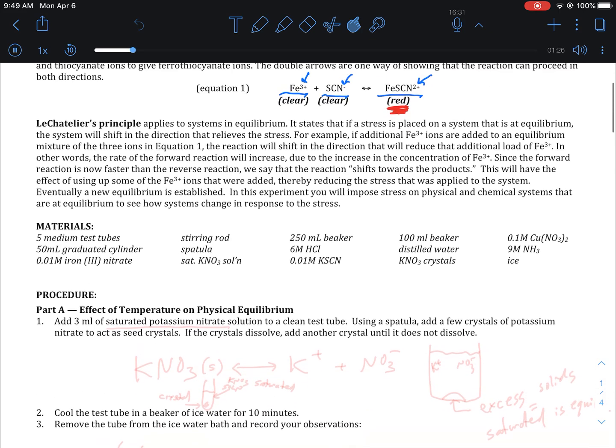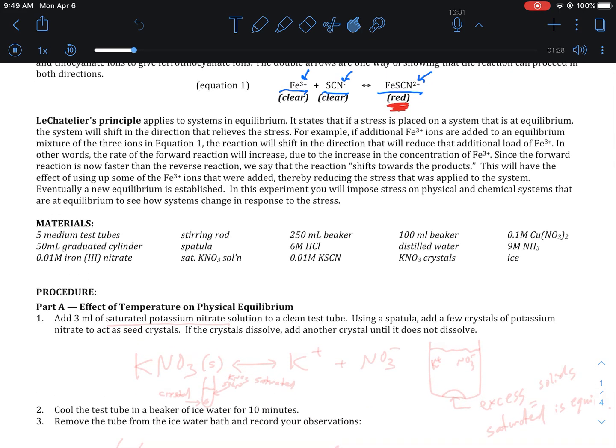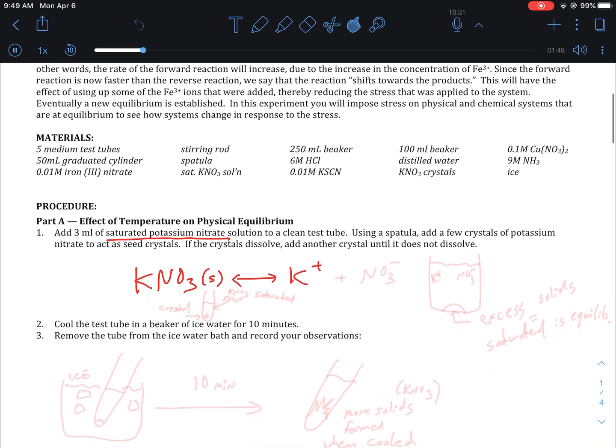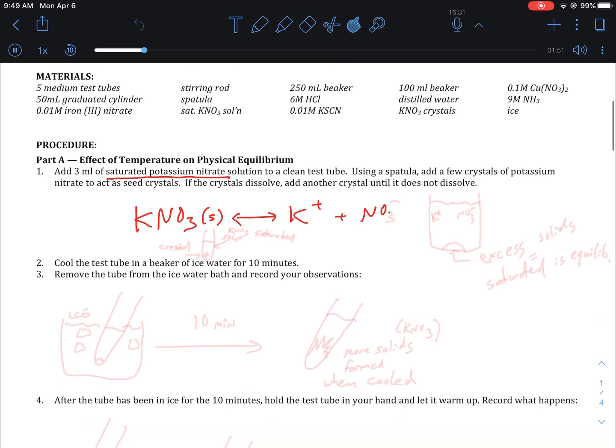So here, the effect of temperature on physical equilibrium. We're going to start with a saturated potassium nitrate solution. So potassium nitrate is KNO3. And if it's a saturated solution, that means we write a dissolving equation, and it has dissolved as much of the product ions as it can, right? It's completely saturated.